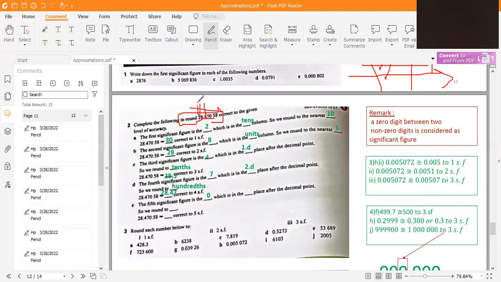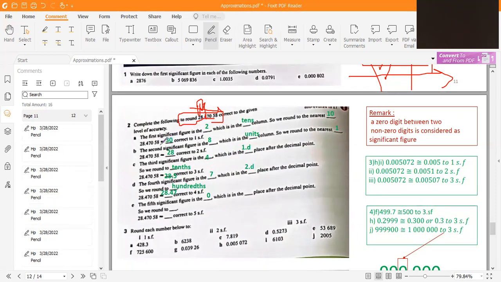So we compare to the digit on the right, which is 8. 8 is bigger than 5. So we add 1 to the digit in the tens place. We add 1 to 2, and we replace all the digits on the right of this number with 0.